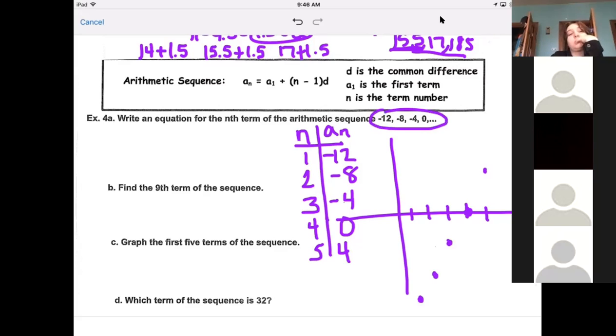Our terms are negative 12, negative 8, negative 4, 0. If I connect the dots, that means I'm getting all the numbers in between those points as well, and it doesn't. So when you graph these, it's just a series of dots, not a line. Okay, does that make sense?